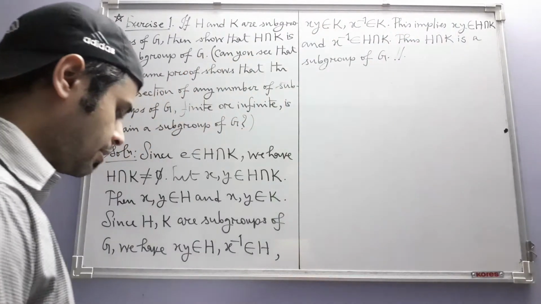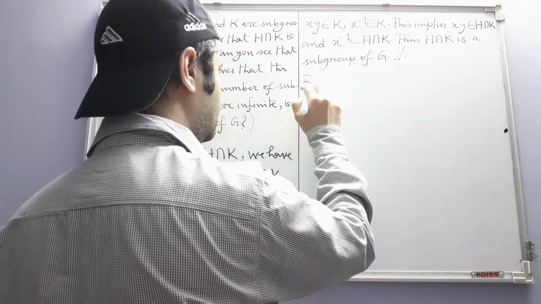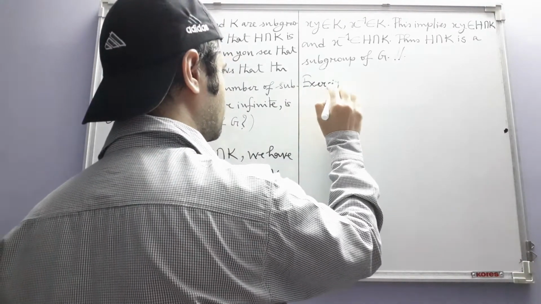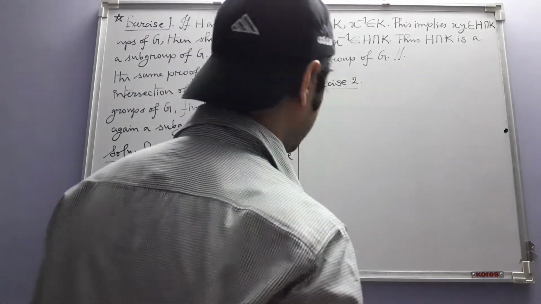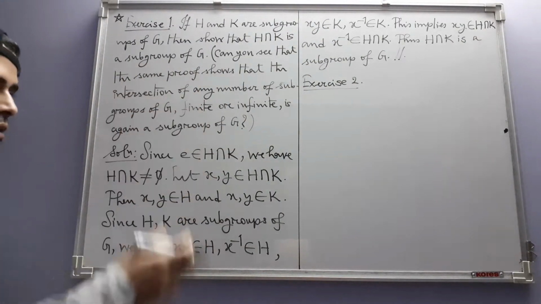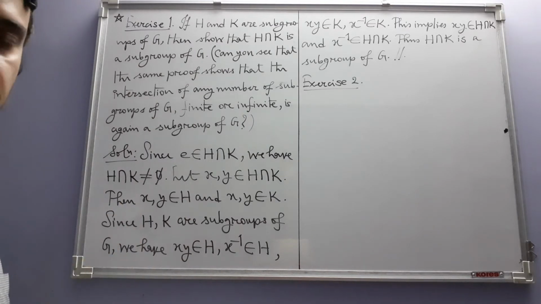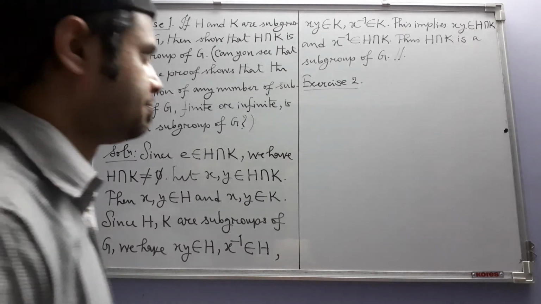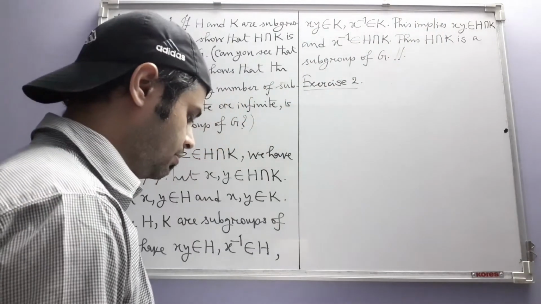Okay, let us now look at the second exercise. So we now know, as we have been saying for quite a while, that if we take intersections of subgroups in a group, then we keep getting subgroups. So we now have that fact proved.